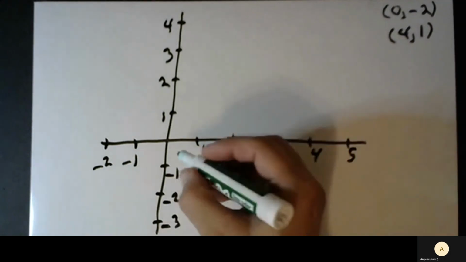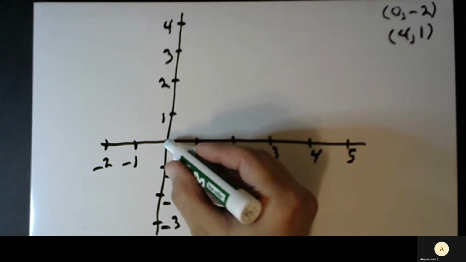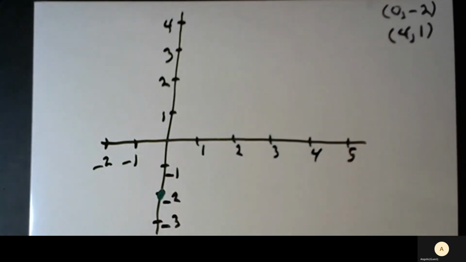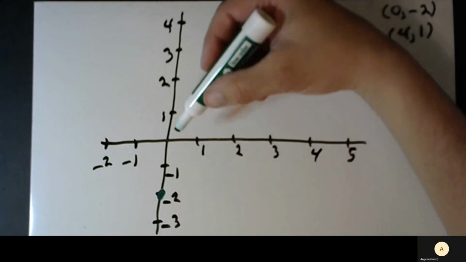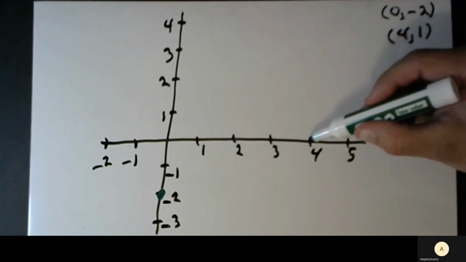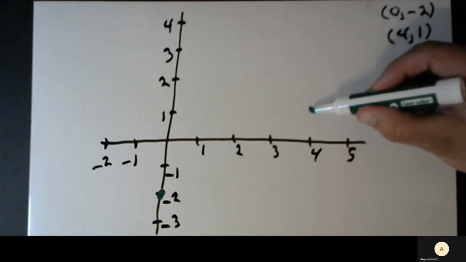So 0 and -2, again, we start here. We're going to go to x is 0. Well, that's located at the origin also. So then we're going to hop down, y is -2, which is right there. Now for the next point, it's 4 and 1. So we're going to start at the origin, hop all the way over to x is 4, and then from here, hop up to y is 1.